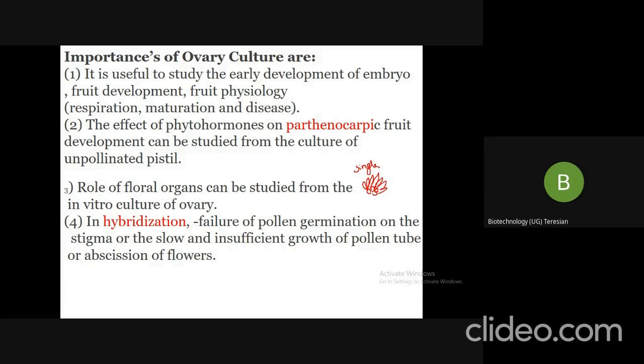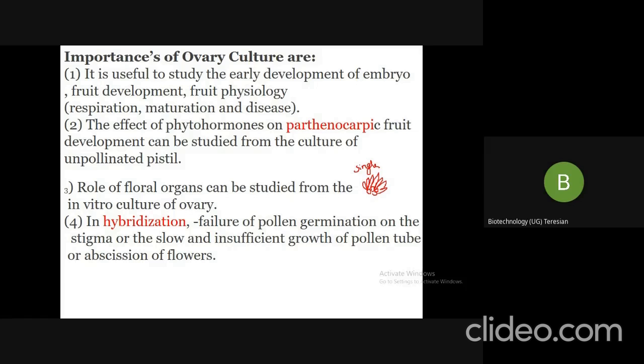Then the process of double fertilization. It not only brings about formation of embryo and endosperm. You know that double fertilization is the formation of the embryo and the endosperm. But it also stimulates the development of ovary into fruit.